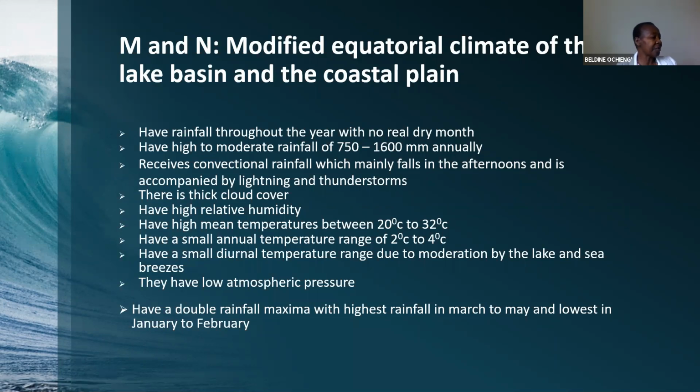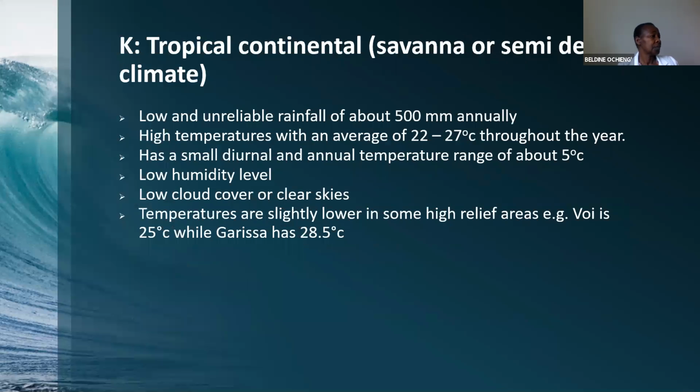Has a double rainfall maxima with highest rainfall in March to May and lowest in January to February. These are the characteristics of our equatorial climate of the lake basin and the coastal plain because of the ocean. Moving to the next one.